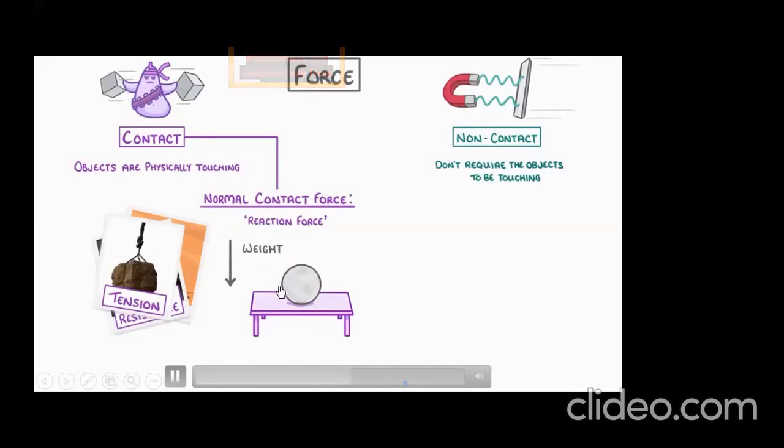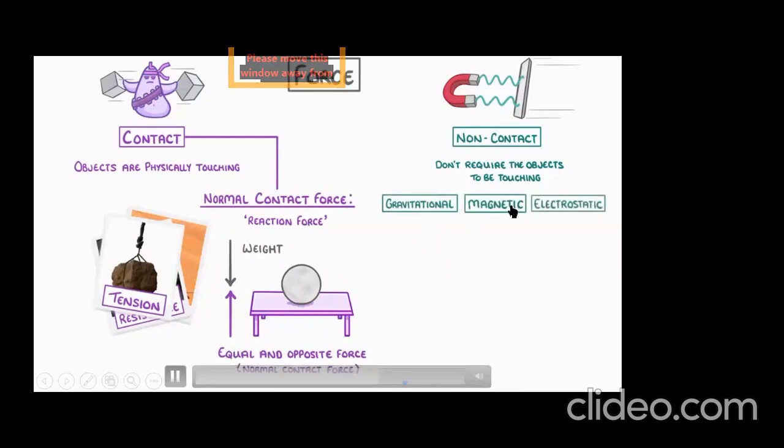So the force it exerts is due to its weight. An equal and opposite force is being exerted, and it's a normal contact force.